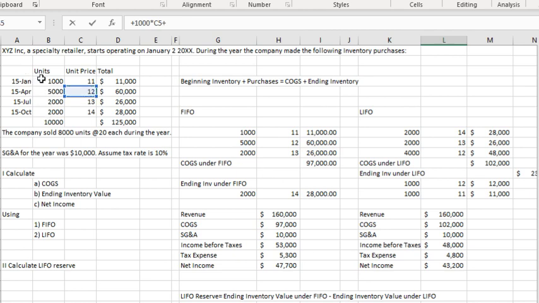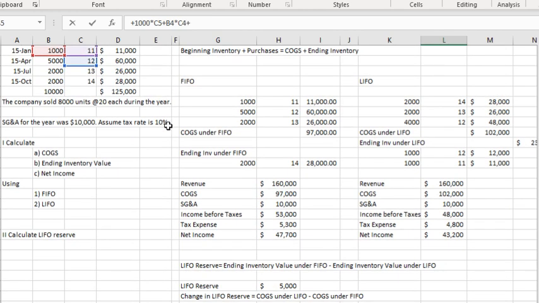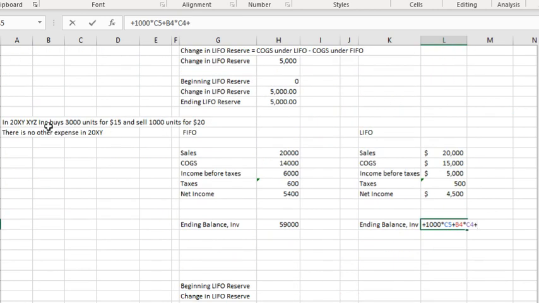Plus, we haven't used this, multiplied by 11, plus what's going to be left is we still haven't used the 2,000 units. We bought 3,000, we used 1,000 here, so we still have 2,000 units remaining at $15. So this is going to give us the ending balance inventory under LIFO.